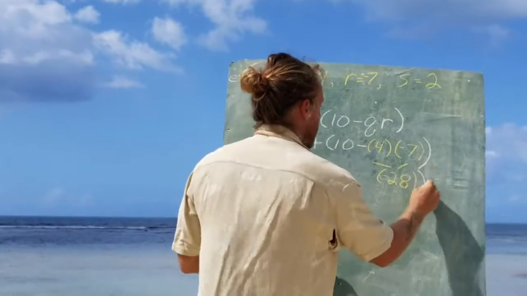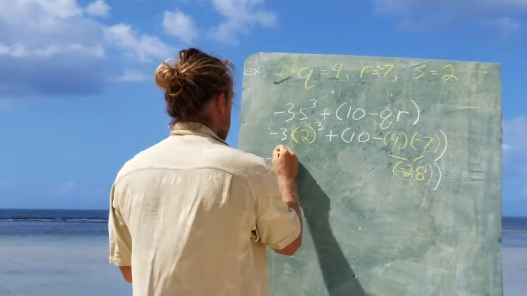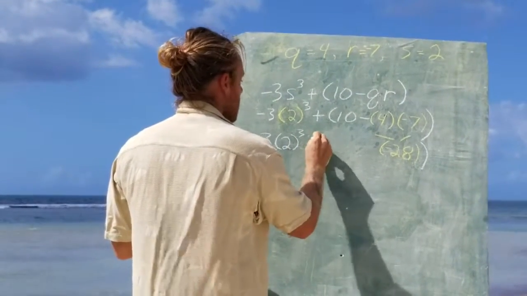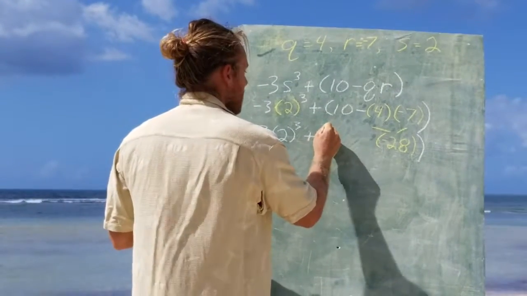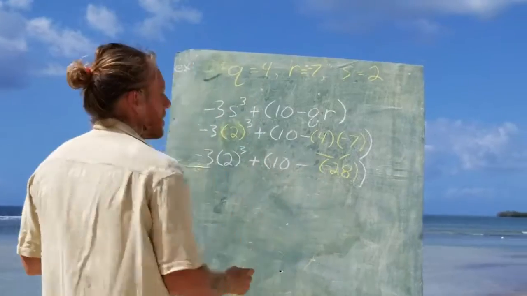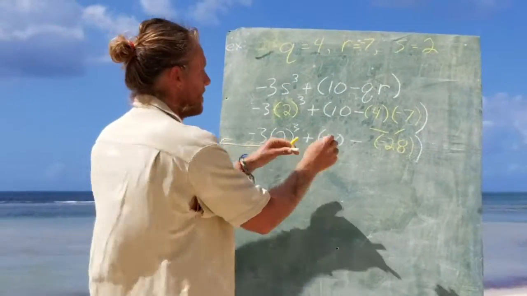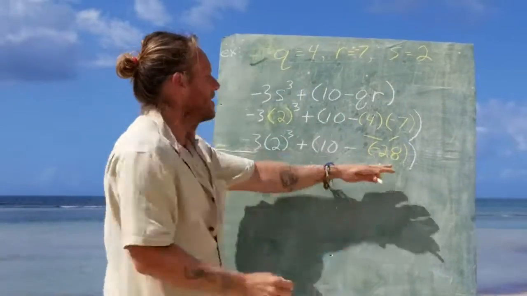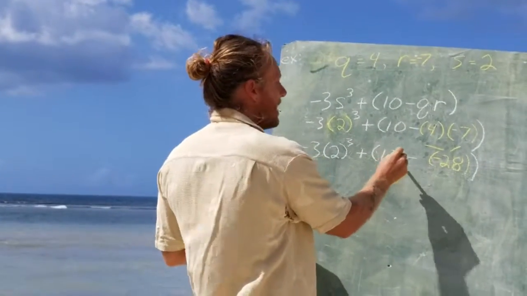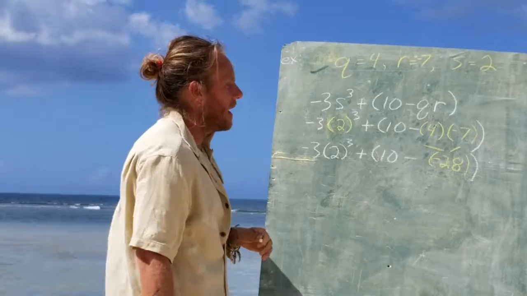Let's bring everything else down. All right, now we're still working within these parentheses. Now maybe you can notice here why the parentheses are important. We have 10 minus a negative 28.